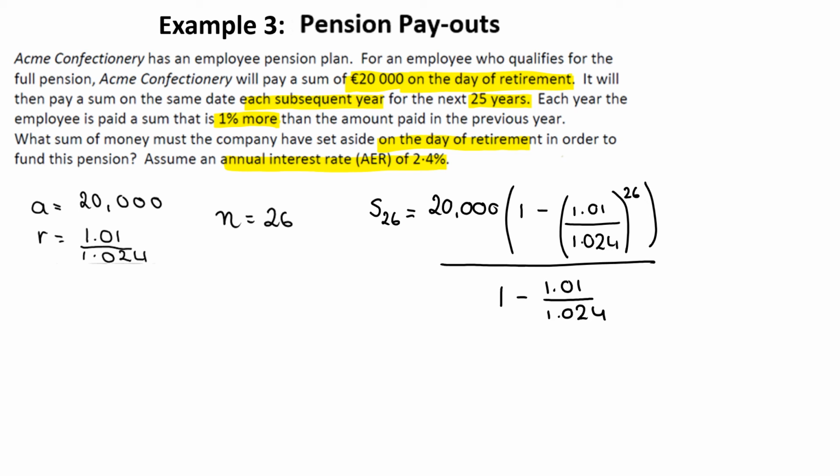And you can put that straight into the calculator, just be really, really careful. And that gives us our total of 440.40. It is money, so we're going to do 2 decimal places.